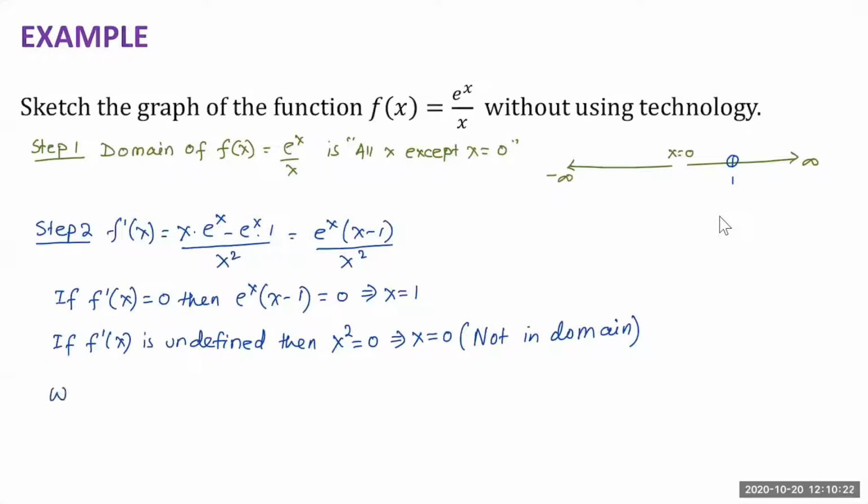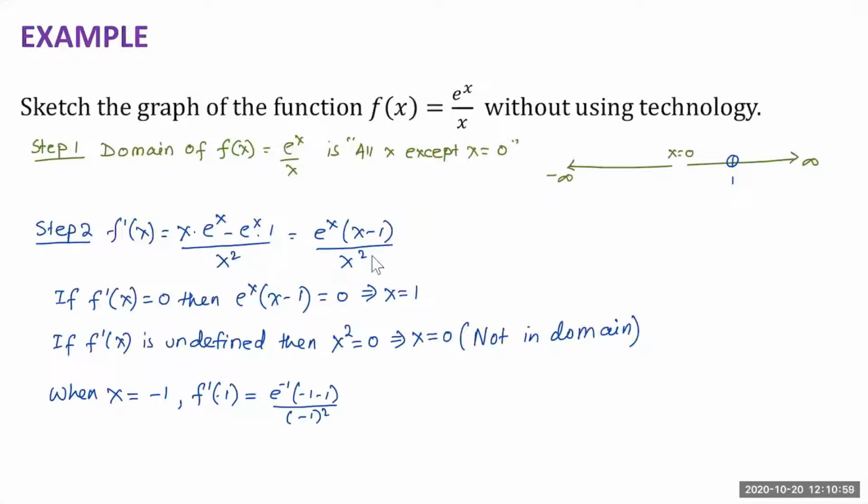Let's see, when the value of x is equal to -1. I'm plugging in a value from this interval. When x equals -1, the first derivative f prime(-1) will be e to the -1 times (-1 minus 1), divided by (-1) squared.